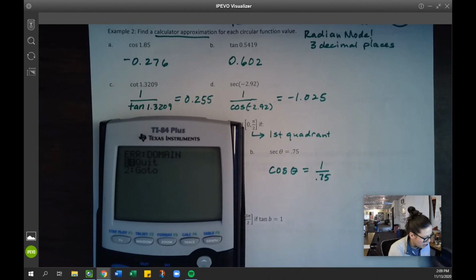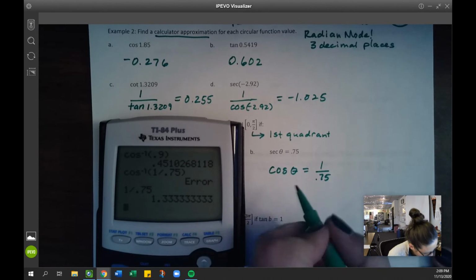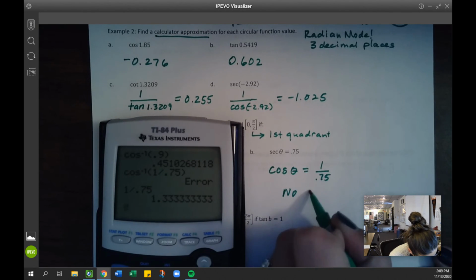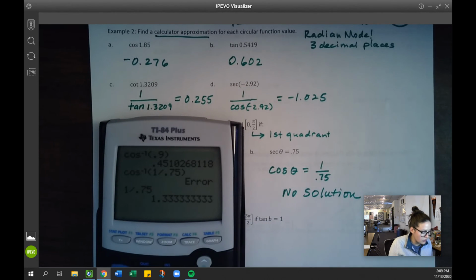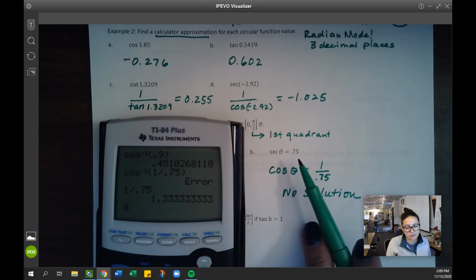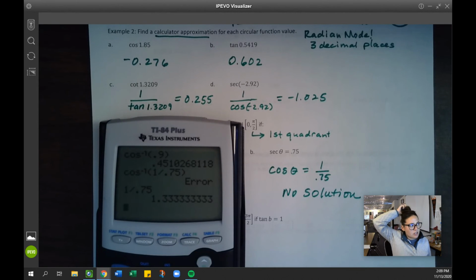And that is because 1 divided by 0.75 is bigger than 1. So there is no solution. There is no angle that has a secant of 0.75. Remember, we've mentioned it before that secant is always going to be greater than 1 or less than negative 1. And cosine will be between negative 1 and 1.